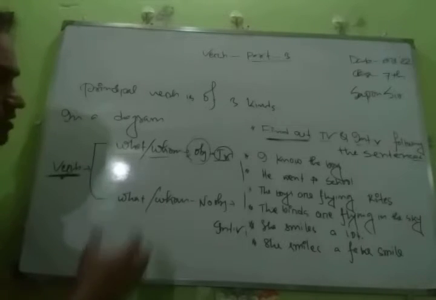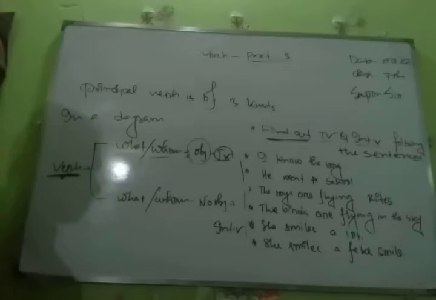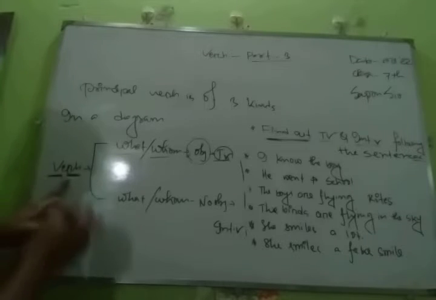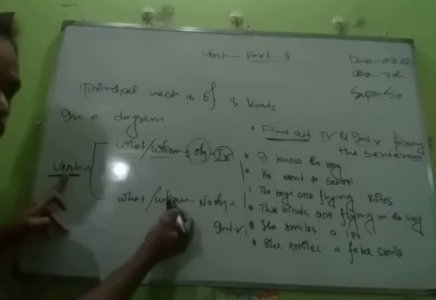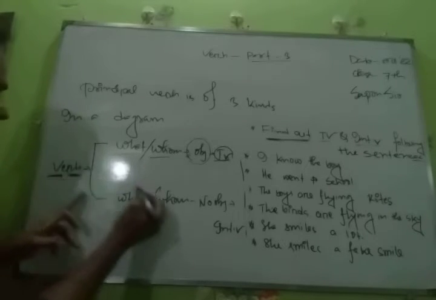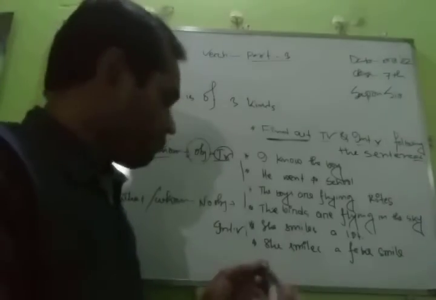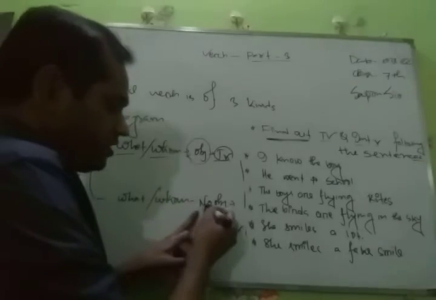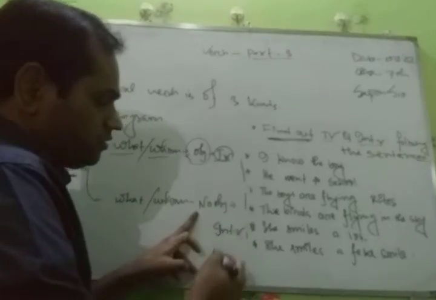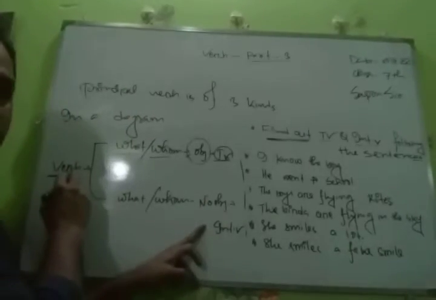Okay. Now, how to find out the intransitive verb from the sentence. Follow me. That verb is transitive or intransitive. If we ask the verb with what or whom, there is no object, that means no answer, that verb is called the intransitive verb.